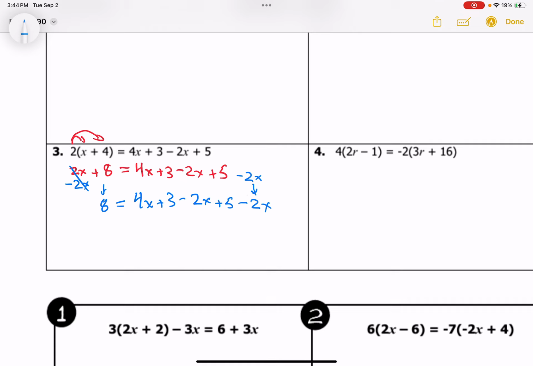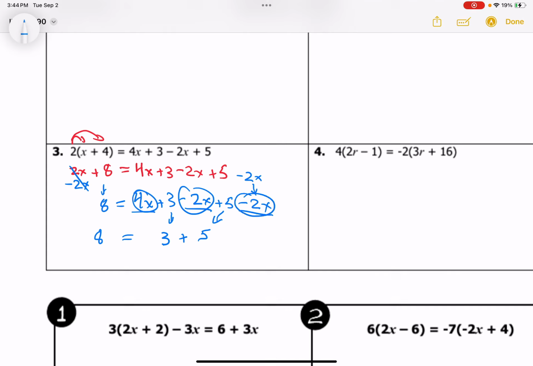And before I do anything, let's simplify. 4 of something minus 2 minus 2. 4 minus 2 is 2. 2 minus 2 is 0. So actually we have 0 x's right now. 4x minus 2x is 2x. Minus 2x again is 0. So we can already just say 3 plus 5 equals 8, and these all cancel out to 0.